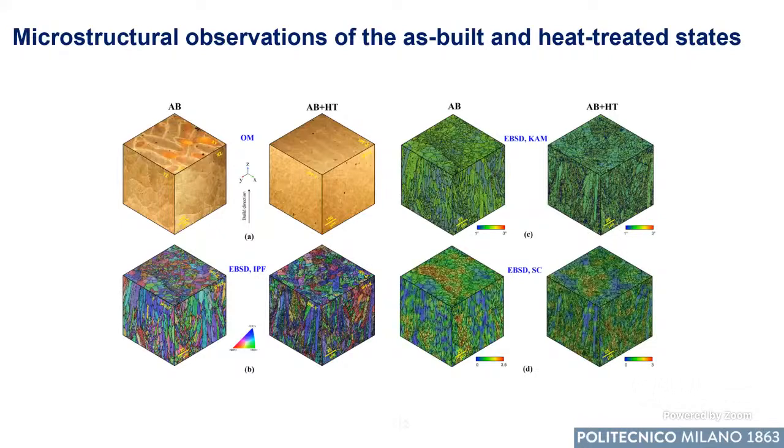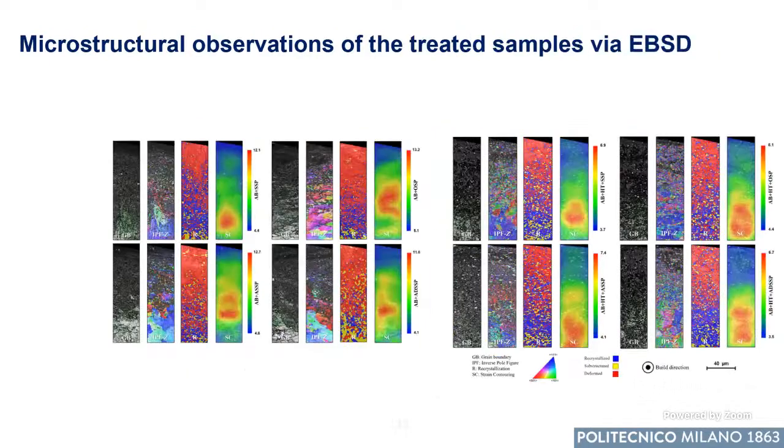AB is as built plus the thermal treatment, where we see that the characteristic configuration of the material is removed. And here we have the same by the image we can take by means of EBSD analysis, where we can notice the improvement of the microstructure of the material after the heat treatment.